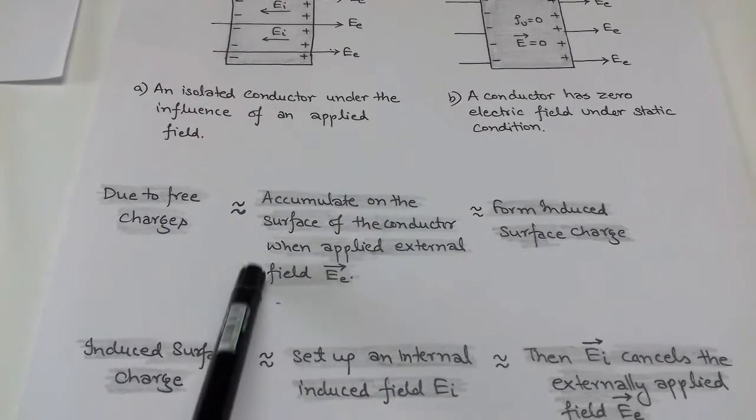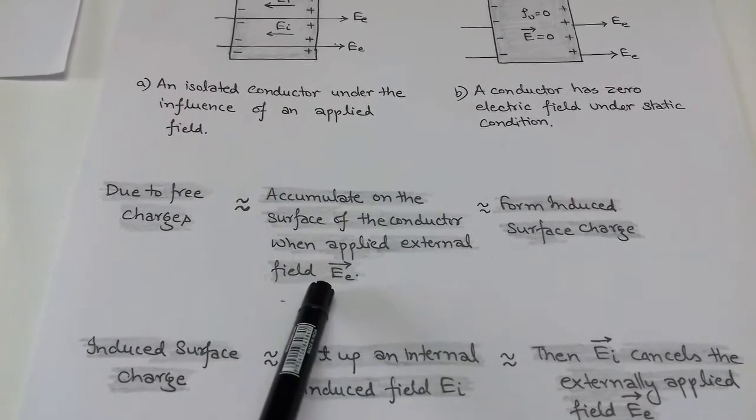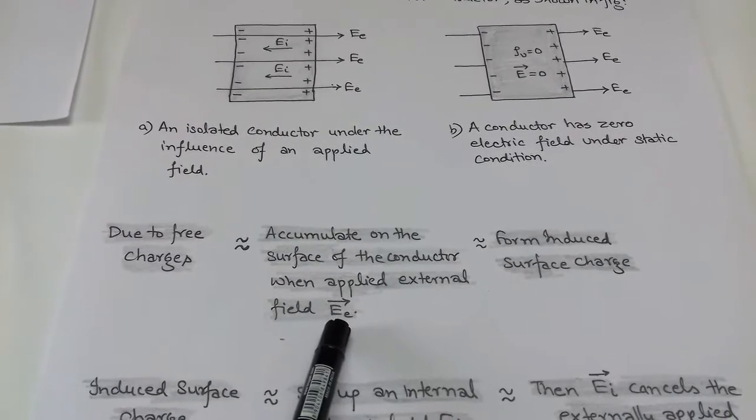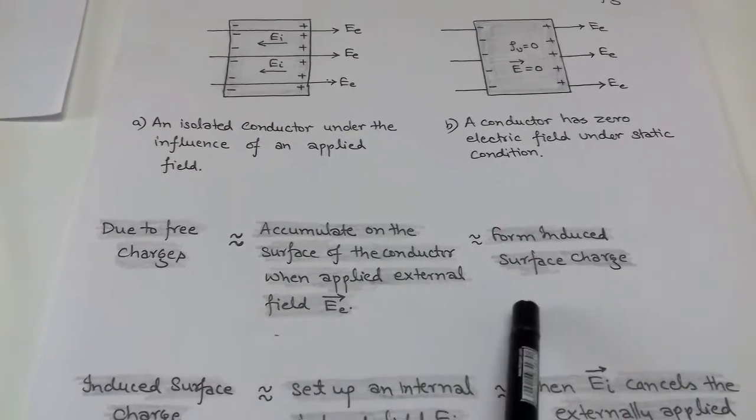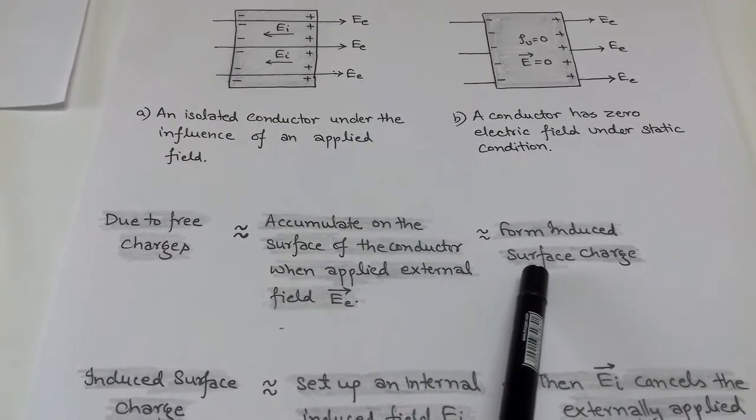Now due to this induced surface charge, they set up an internal induced field E suffix I. Now we know that the electric field originates from positive charge and terminates on negative charge.